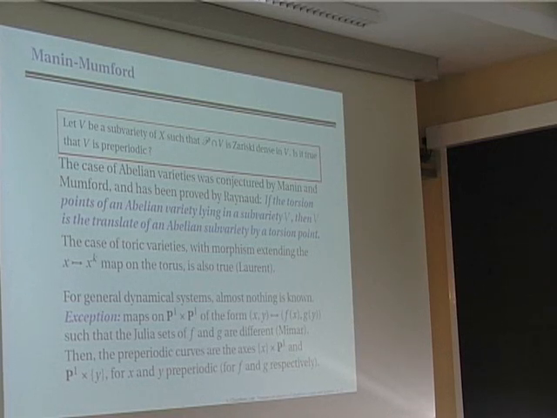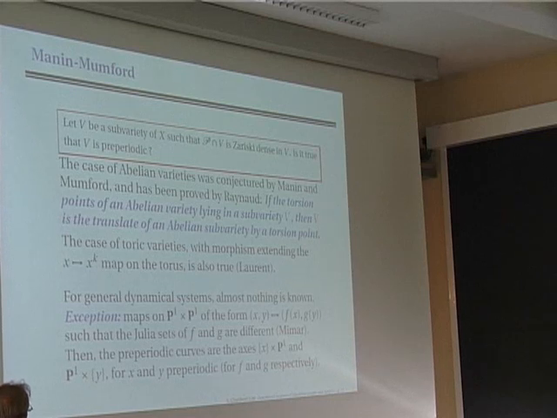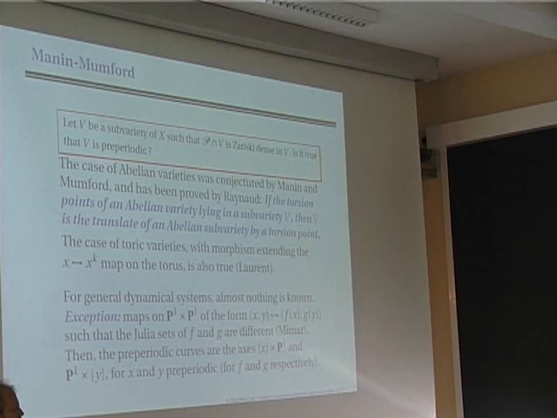There is a thesis by Mimar in something like 95, who studied the maps on P1 times P1 of the form (x, y) goes to (f(x), g(y)), for two rational functions f and g. And one of the assumptions he proposes is that the Julia sets of f and g are different.